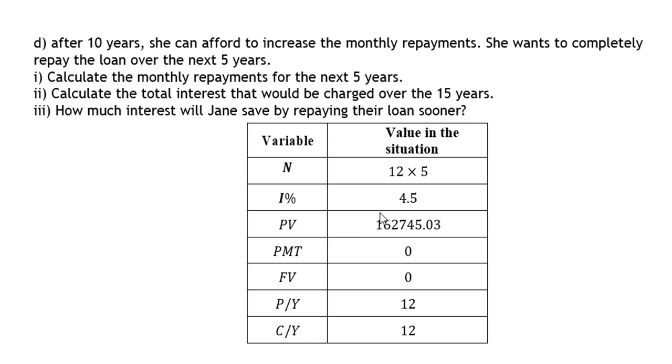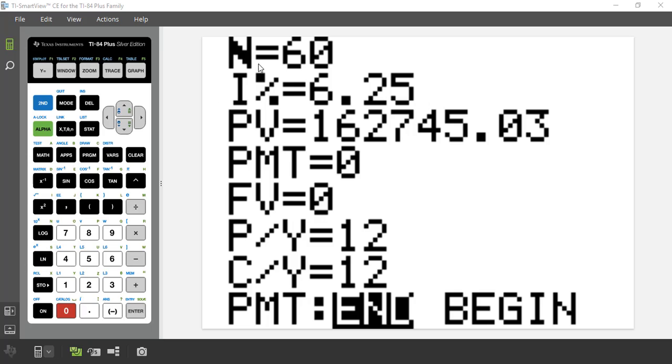We already know this is the outstanding balance after 10 years. So this N will be 12 times 5 because she wants to pay off in the next 5 years. Then we're looking for this PMT. Now we will put it into the graphing calculator for the TVM solver.